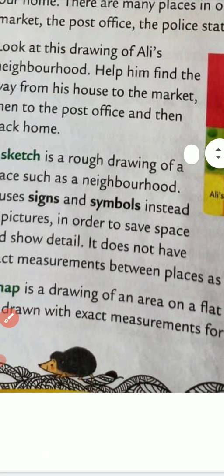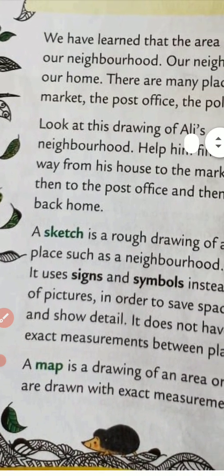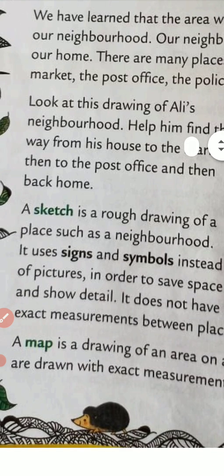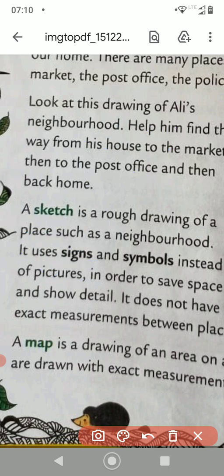Now moving ahead. These are very important, children, so you have to underline this. What is a sketch? Please underline. A sketch is a rough drawing of a place such as a neighborhood.